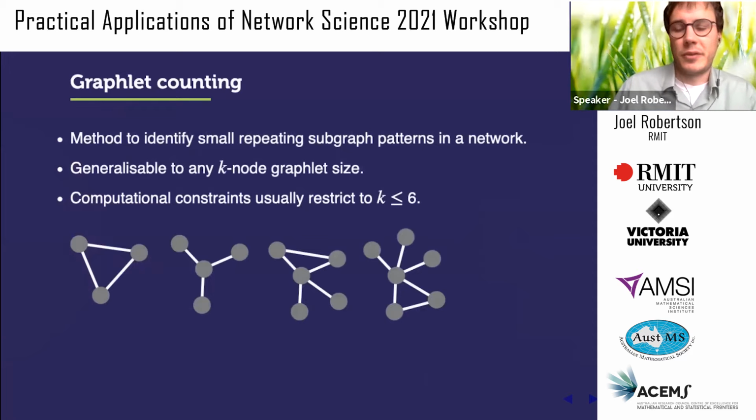So just a bit of context about the area of network science that we're operating in. We're looking at graphlet counts, and a graphlet is just a small subgraph pattern that might repeat many times throughout a network, and you can count these graphlets and use them to try and characterize your network based on its higher order structure. There's a number of terms that might be used.